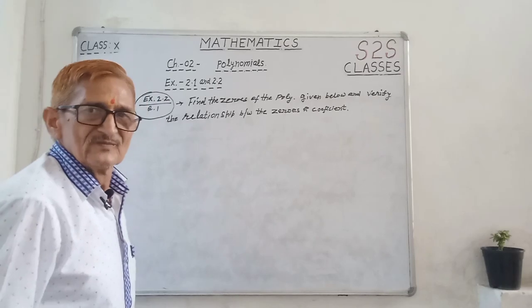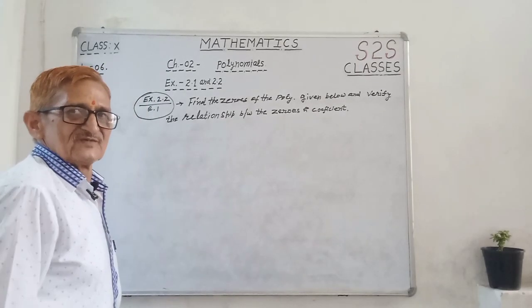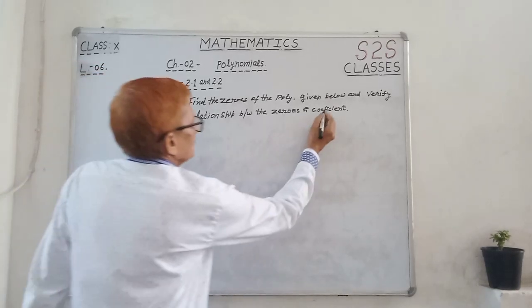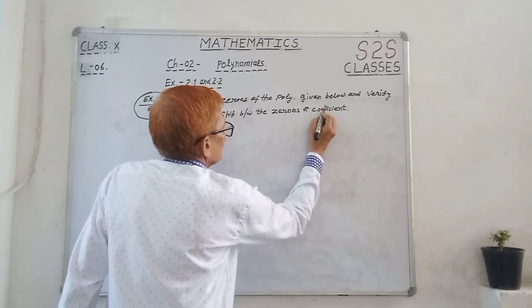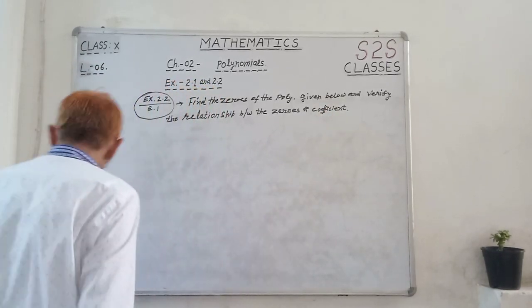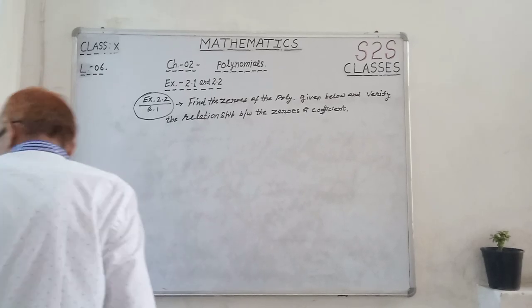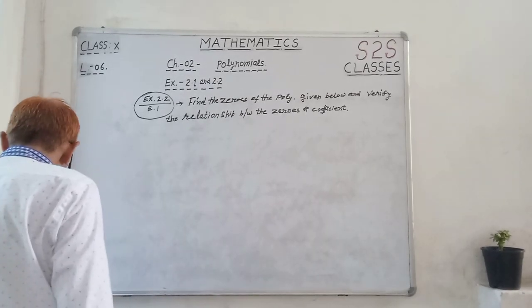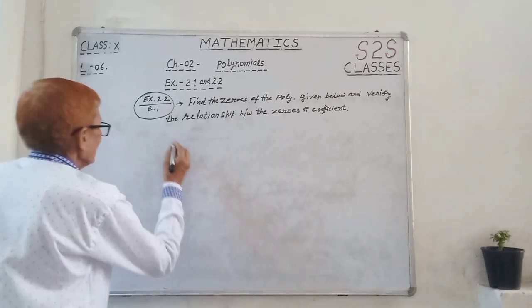Okay, now this question we have to solve. So now how can we solve? Question 1 parts we can write. First part, x square minus 2x minus 8.